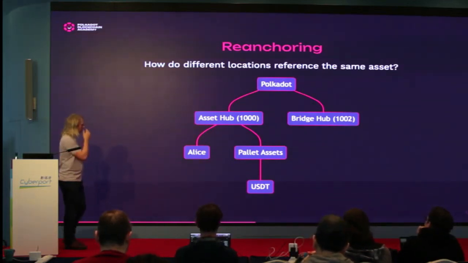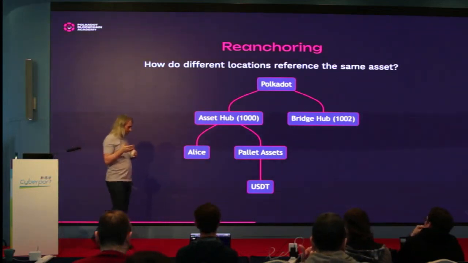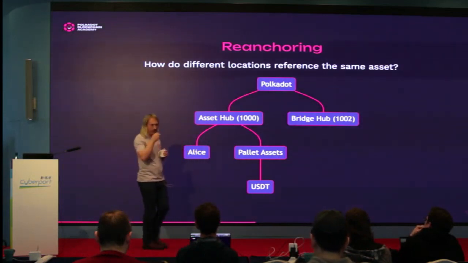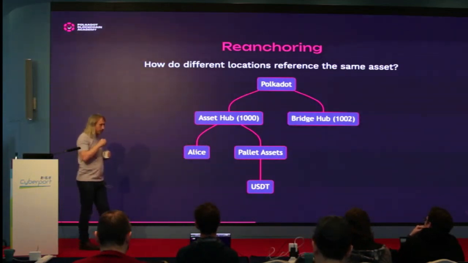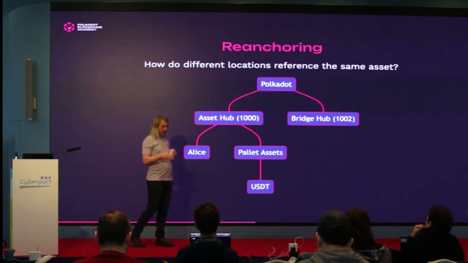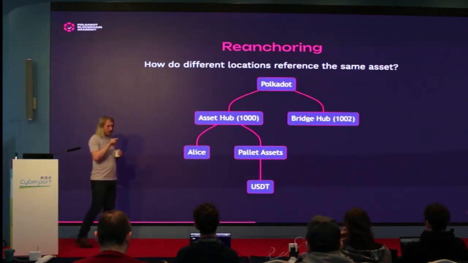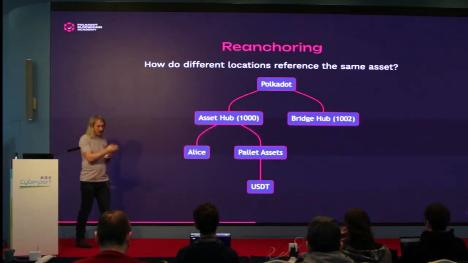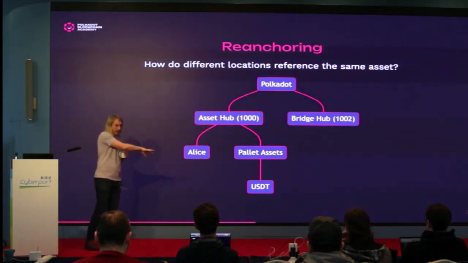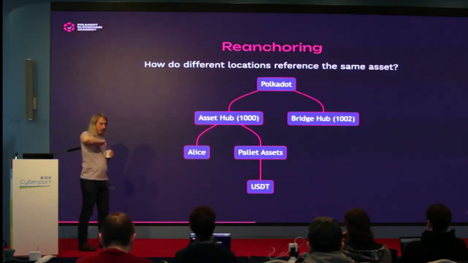The problem can be formulated as saying that when you send a message to another location, and it gets executed at the other location, and the message itself contains a location, then because locations are relative, the meaning of that location will change as it goes from the source location to the destination location.